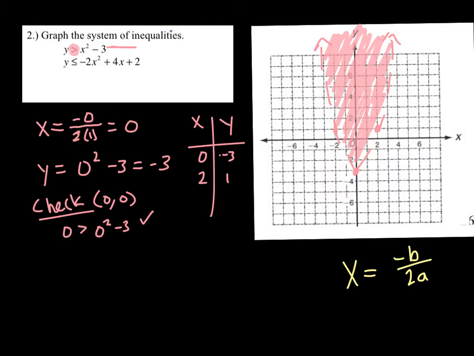Okay, let's do our second inequality. Same thing again. Find the x value of your vertex, so x equals negative 4 over 2 times a, which is negative 2. So negative 4 over negative 4 is 1. Plug it in to get your y, and we periodically treat it as an equation.